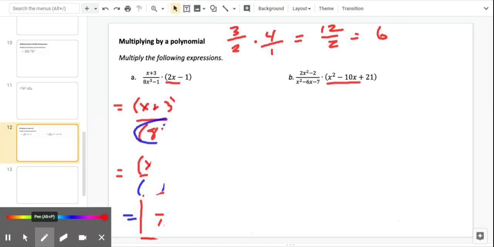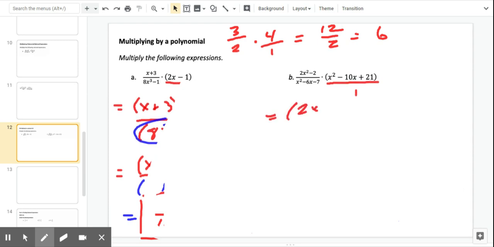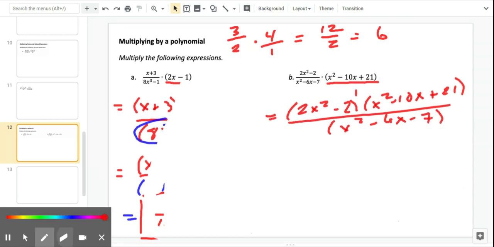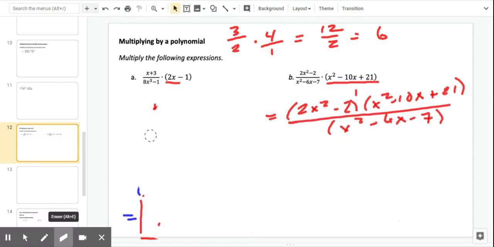So let's do this one. So put this over 1, multiply the numerators. So we have 2x squared minus 2 times x squared minus 10x plus 21 over x squared minus 6x minus 7. This is going to be a lot of factoring here. So for that first one, 2x squared minus 2, let's see what we can do with that guy.